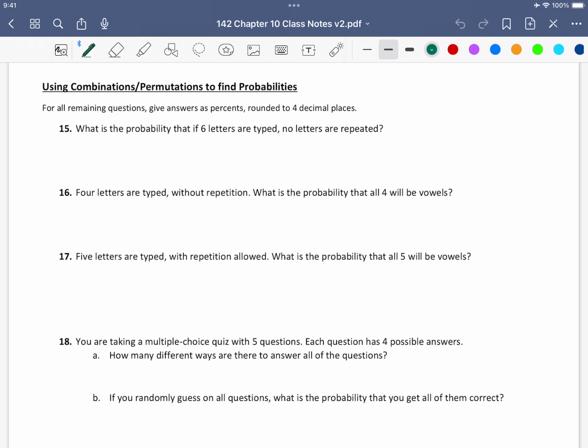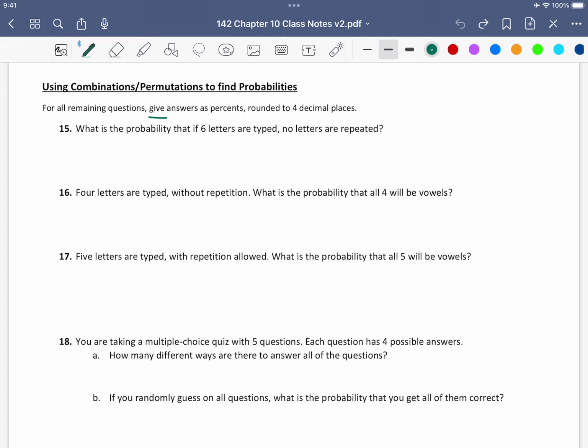Recall that probability is the number of ways a particular event can happen divided by all of the different possible outcomes in a particular situation. Since we're looking at probabilities now, all of these are going to have division involved, so a calculator will definitely be handy. Let's look at number 15.